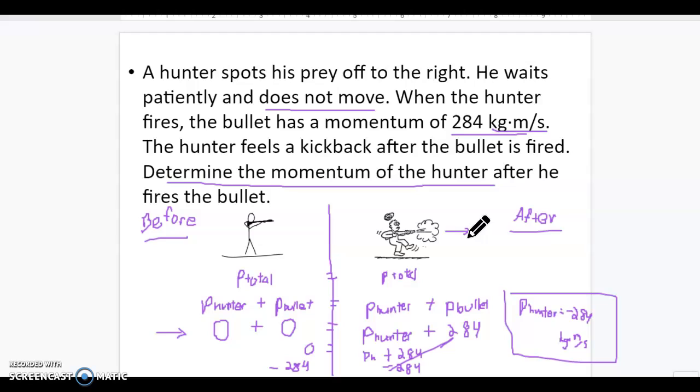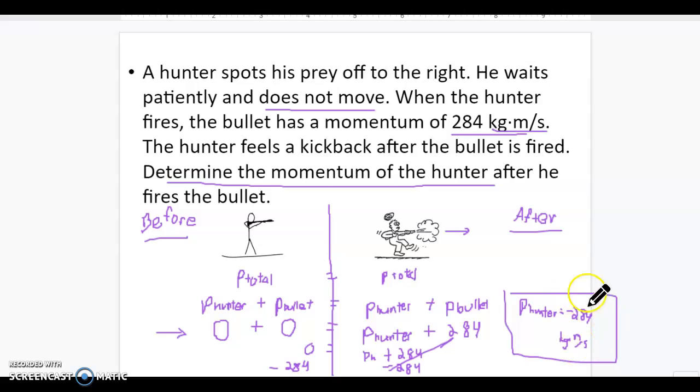It's from the momentum of that bullet going forward, there's a kickback on that gun and it ends up pushing that hunter backwards. And so their momentum is going to the left. If the bullet's going to the right, momentum's going to the left.